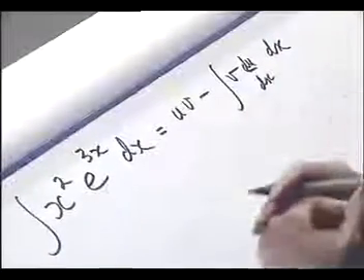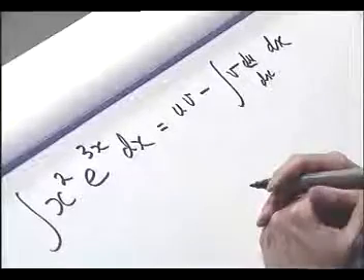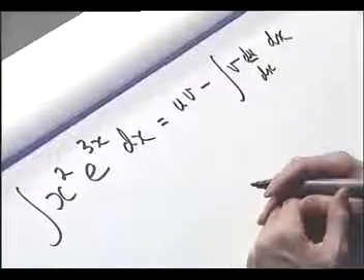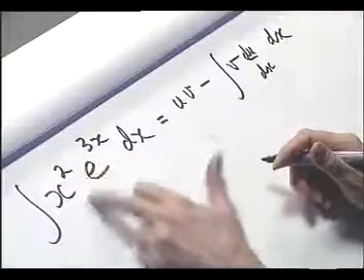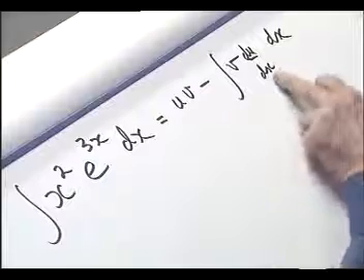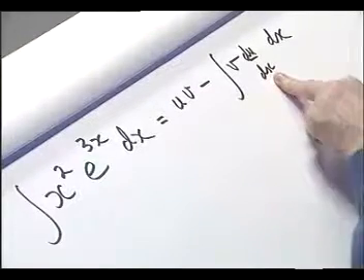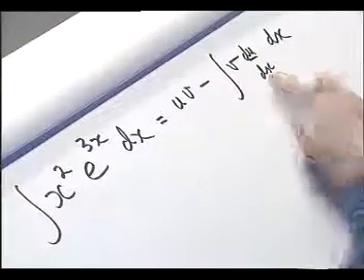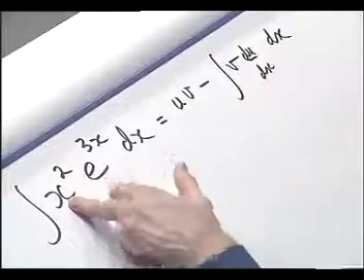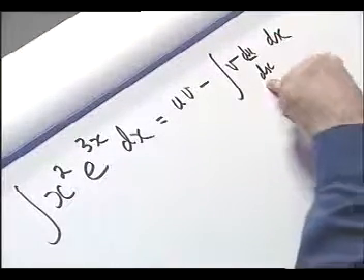So now we've got to make our choice between u and dv by dx. Now we've already learnt that it probably makes sense to take this to be u, because when we differentiate it to put it here, it's going to be simpler. So this is going to go from x squared to 2x when it goes in there.